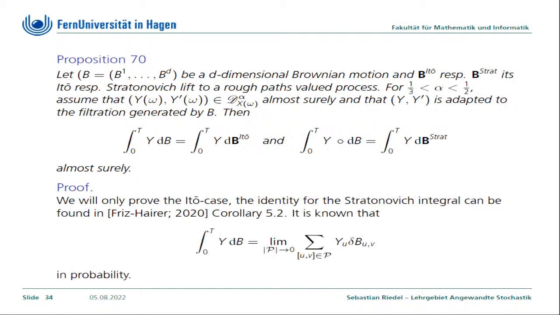Okay, so what do we need to know about the Ito integral? We need to know that it's actually a limit of Riemann sums. This is true in probability. Now, this is important. The Ito integral is a limit of Riemann sums, but not almost surely, but in probability.